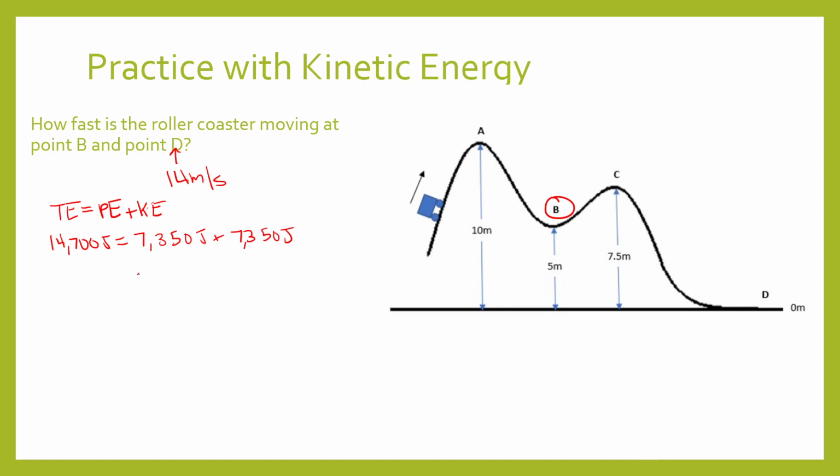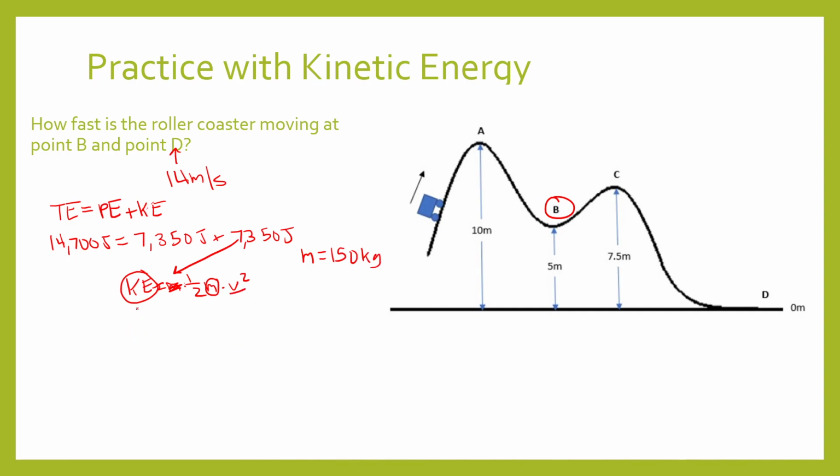So just by doing that, I now know my kinetic energy equals 1/2 mass times velocity squared. I now have the kinetic energy, I have the mass, remember the mass is equal to 150 kilograms, and we can solve for v.